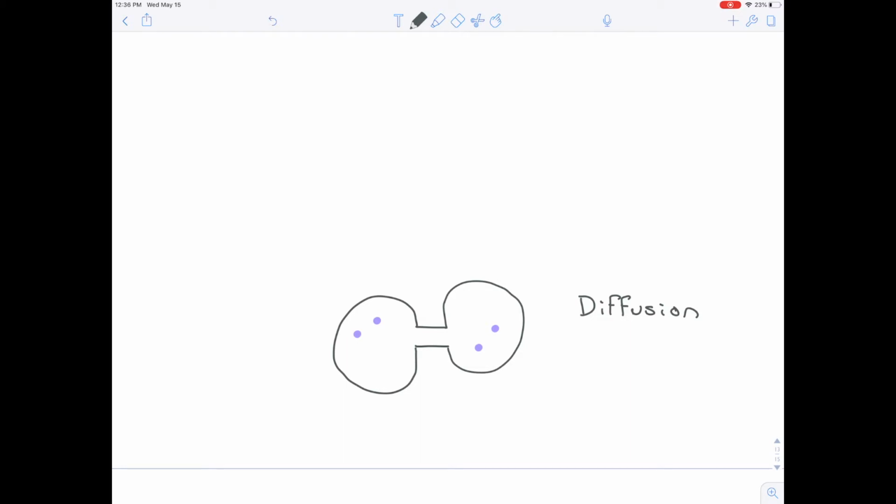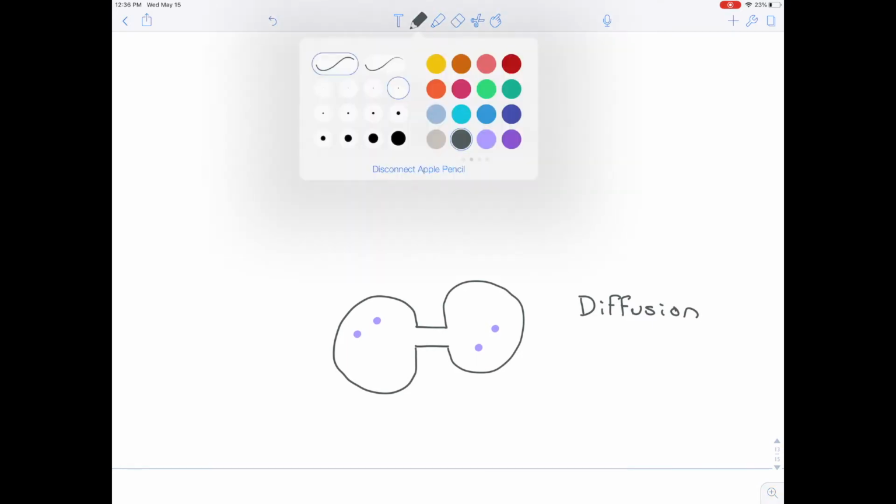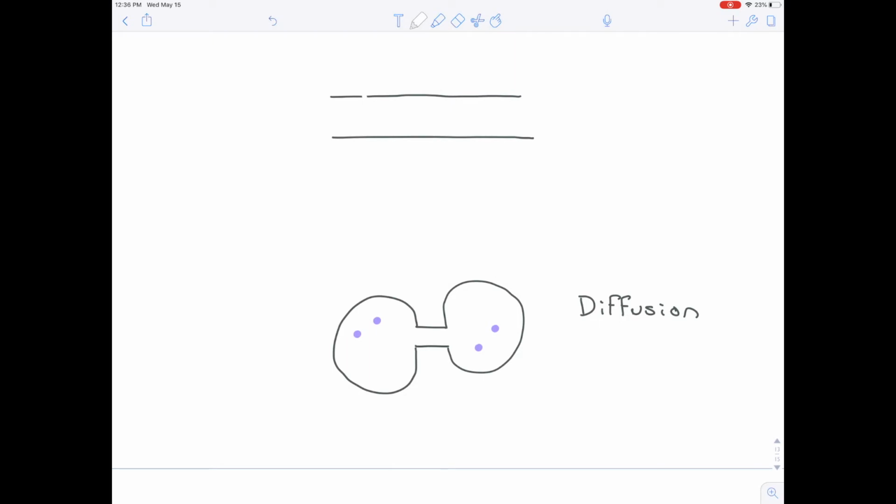So let's say instead of a container, we have a tube. And the tube has tiny, tiny holes in it. So there are holes in this tube. Now these are microscopic holes, so you wouldn't be able to see them with the naked eye.